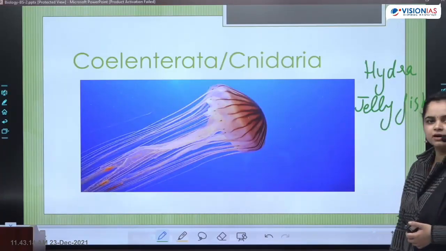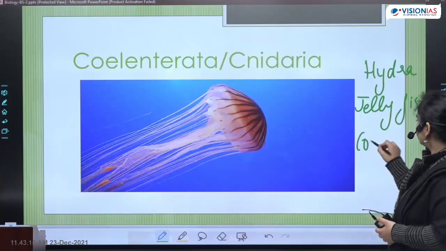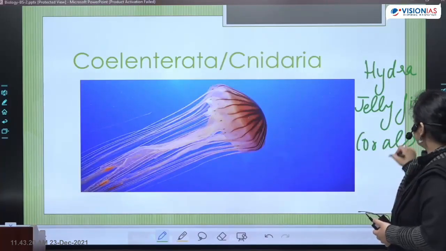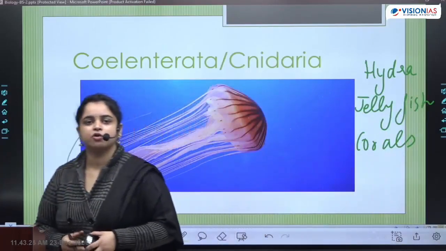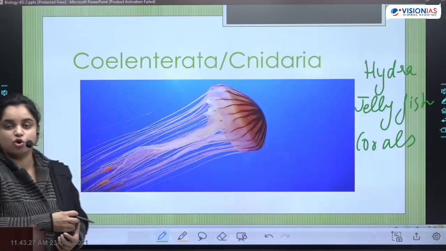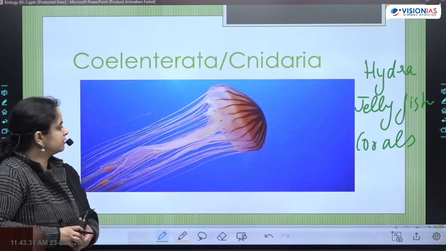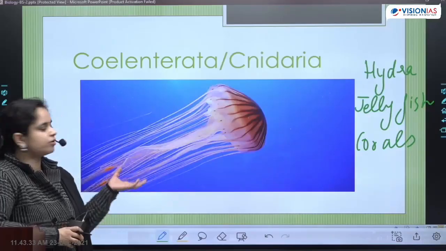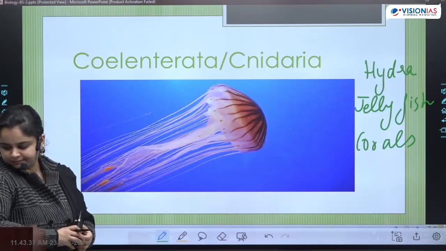So we have hydra, jellyfish, and we have corals. I'm sure you've heard about corals. You're going to hear a lot about corals in geography, in environment. Very important. And the animals in corals are the Coelenterata or the Cnidaria.